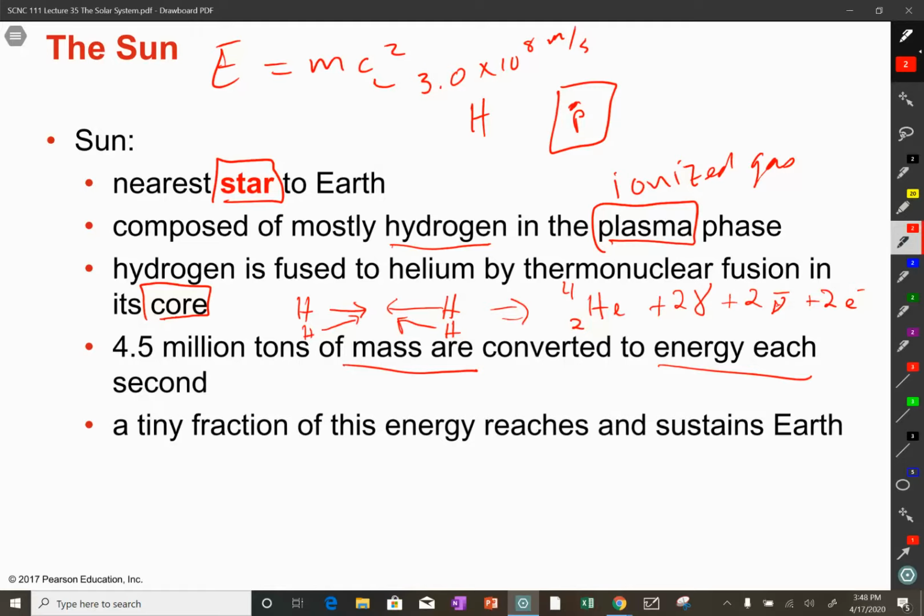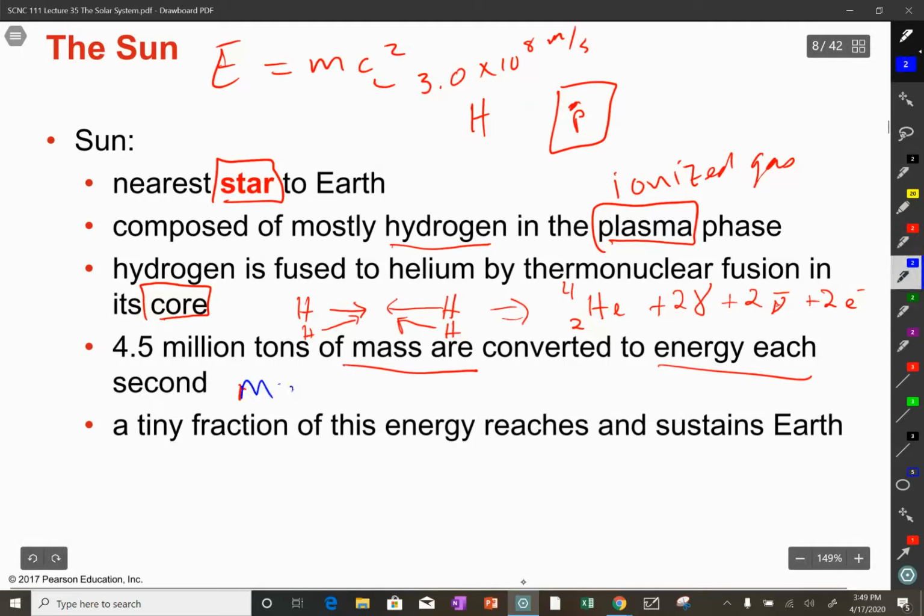And so 4.5 billion kilograms per second. Now 4.5 billion kilograms, that's 4.5 times 10 to the 9th kilograms times 9 times 10 to the 16. It's an enormous amount of energy that the sun is releasing every second.